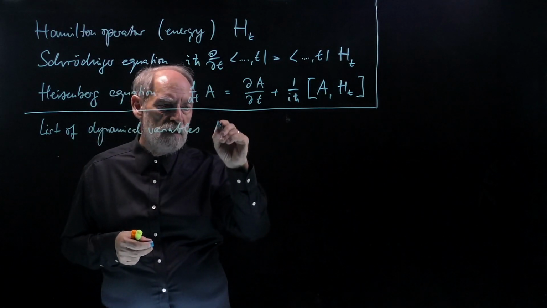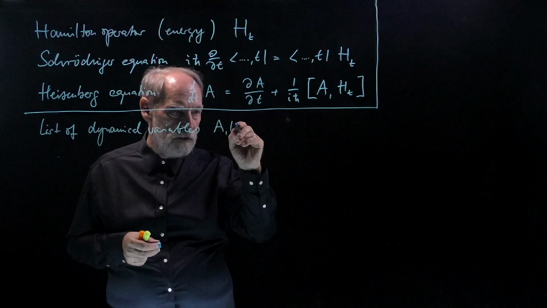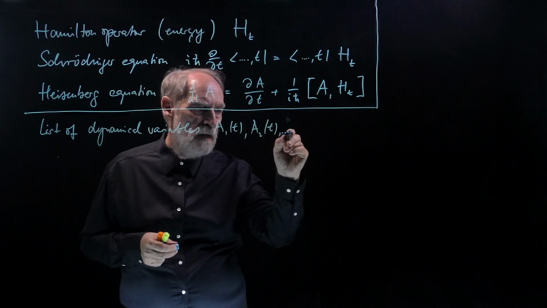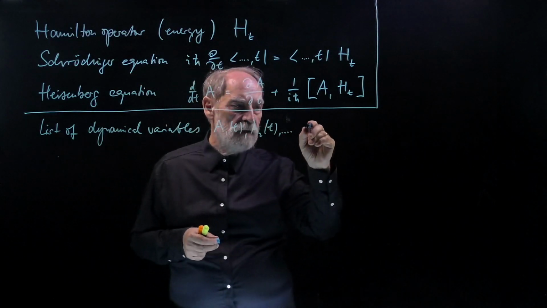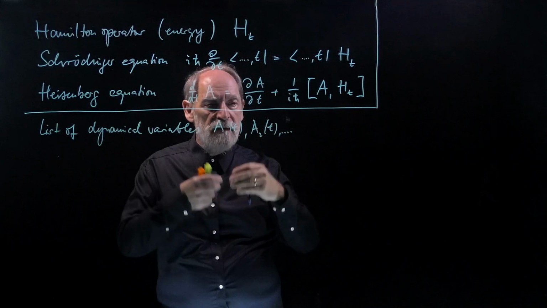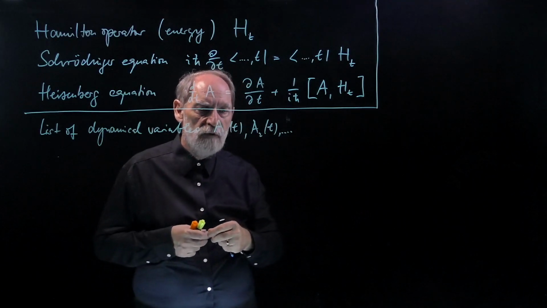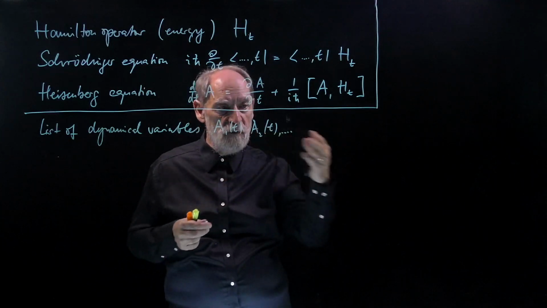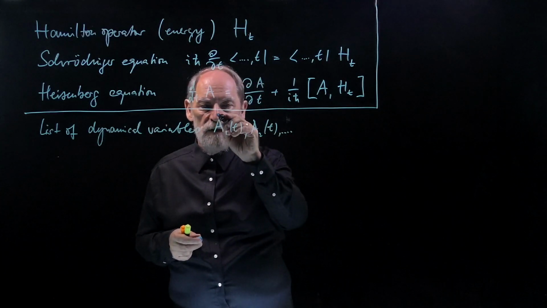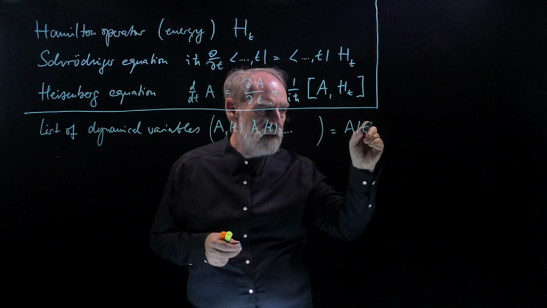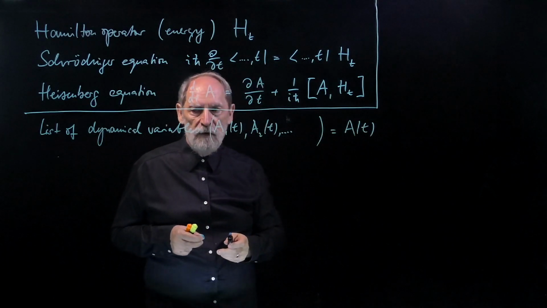So there is a variable a1, which depends on t, a variable a2, which depends on t, and so forth. There could be quite a few of them, like the x and y and z for the qubit, but if we have two qubits, then there is two x's, two y's, two z's, and so forth. So there could be many of those, and I will just collect them in a list and write a of t for this list of dynamical variables.